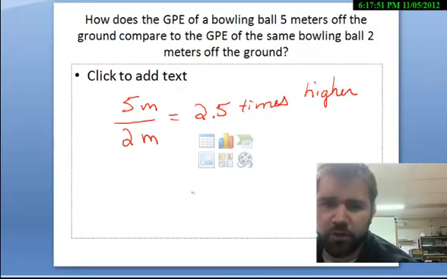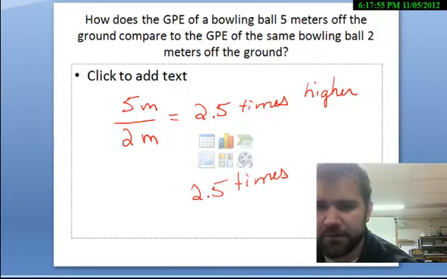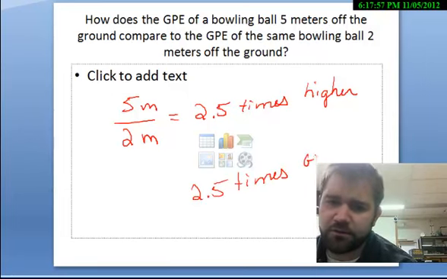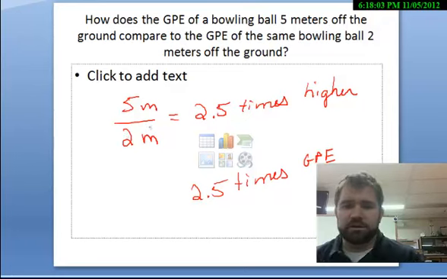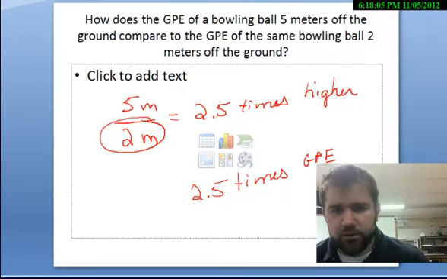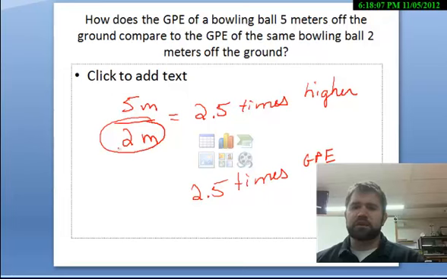Therefore, the bowling ball at 5 meters would have 2.5 times as much gravitational potential energy as well. Or another way you could say that is that the bowling ball at 2 meters would have 2.5 times less gravitational potential energy than the bowling ball at 5 meters.